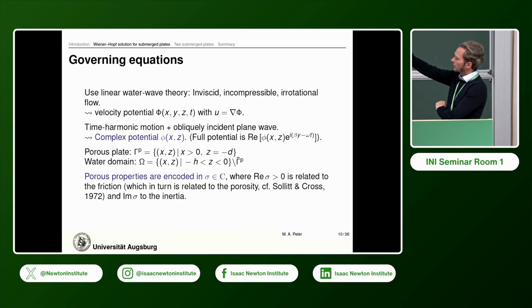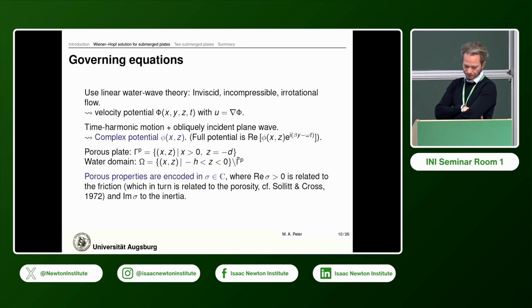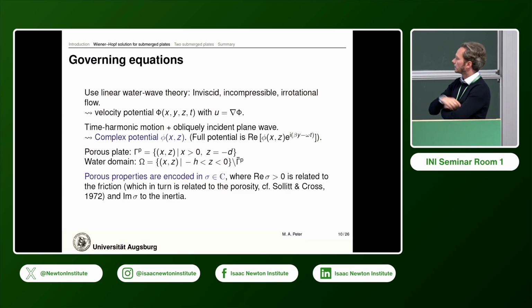But just for the geometry here, I have my plate, it's flat, it's thin, in the domain x greater than 0 and submerged to a depth minus d. And then basically the water domain is just the rest of the strip down to depth minus h. The water surface, the still water level, is at 0, and otherwise it's this infinite strip.